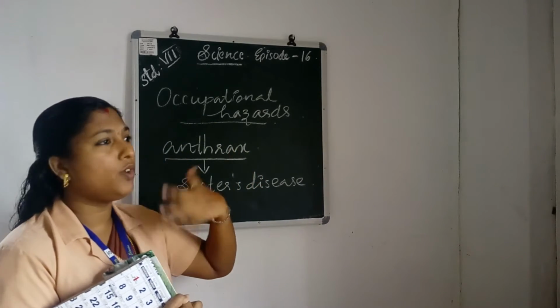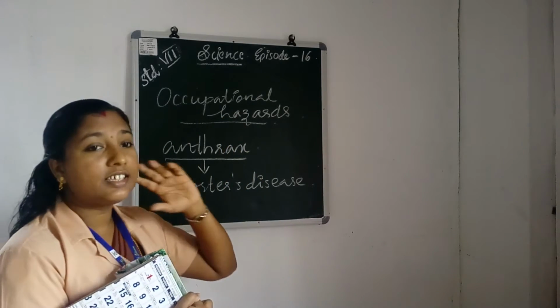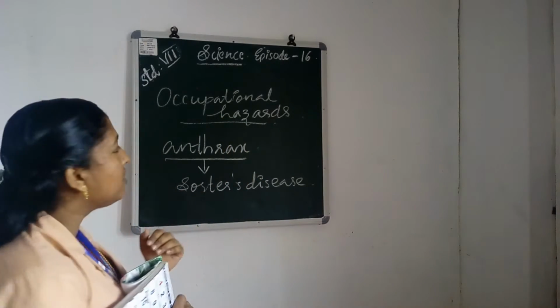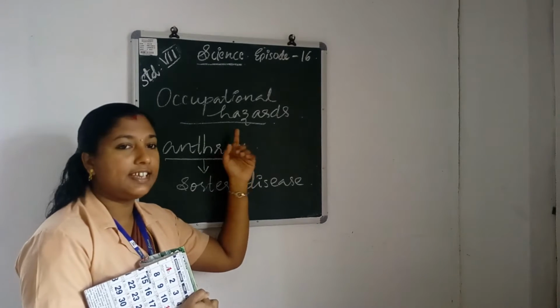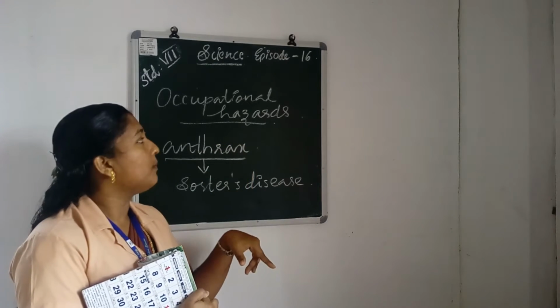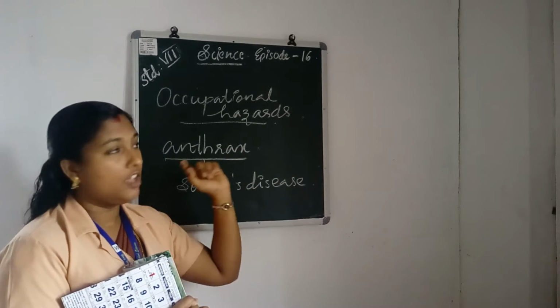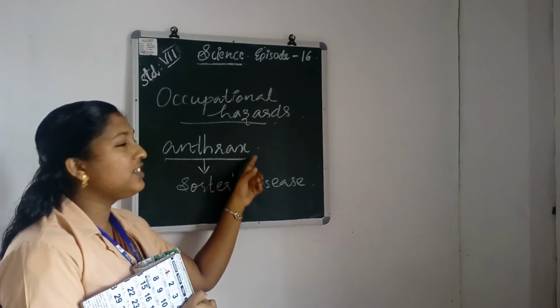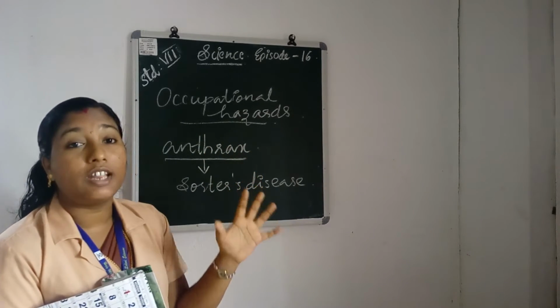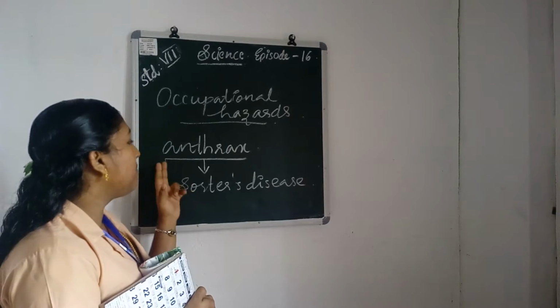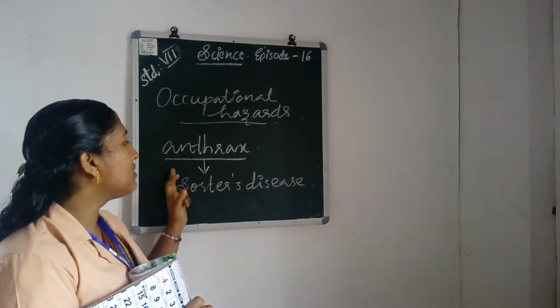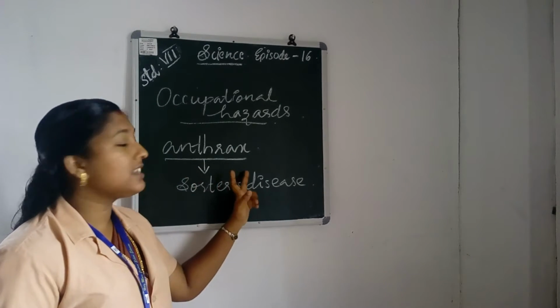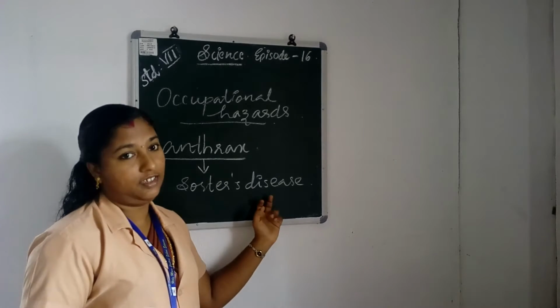In our lesson we learn about the wool industry. The occupational hazard faced by the workers in the sorting section is a bacterium called anthrax, which causes a fatal blood disease called sorter's disease.